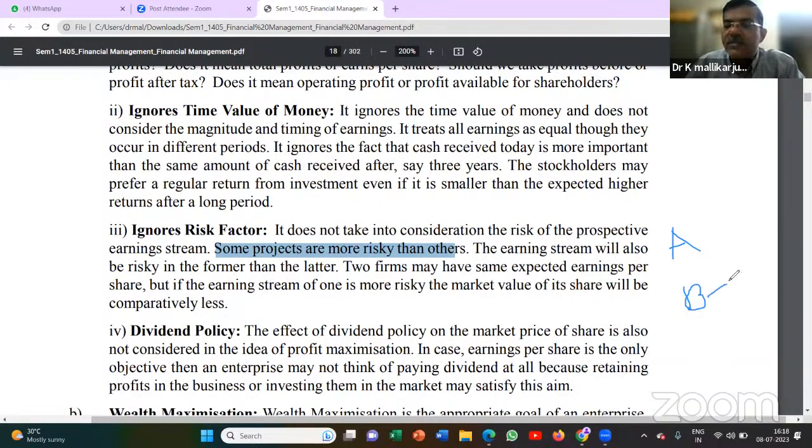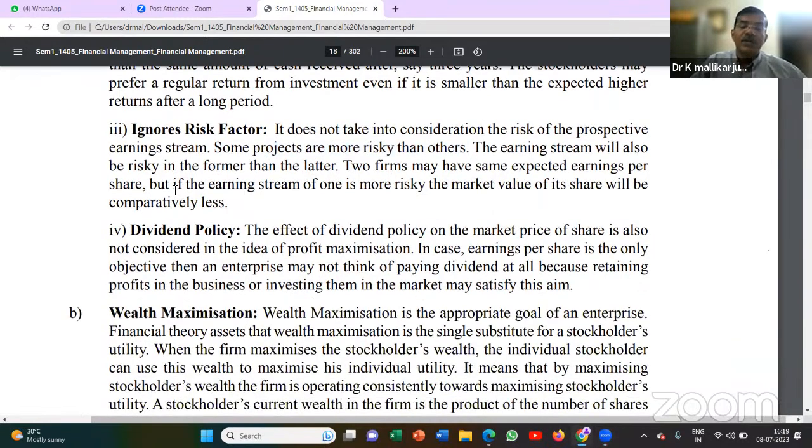But business B gets a 30% rate of profit, and business A gets 20%. Comparing the two, B's return and profits are very high, but the risk is also very high. So high risk, high return; low risk, low return. But in financial management, we have to get the higher return at a lower level of risk. So profit maximization ignores risk, and also dividend policy.